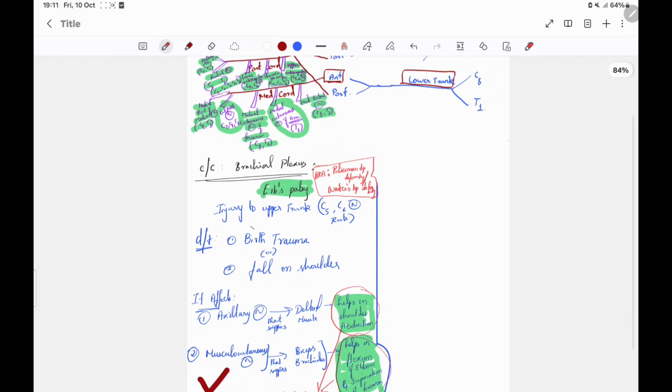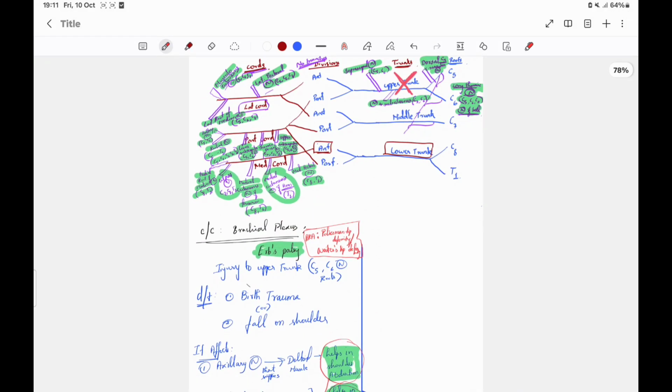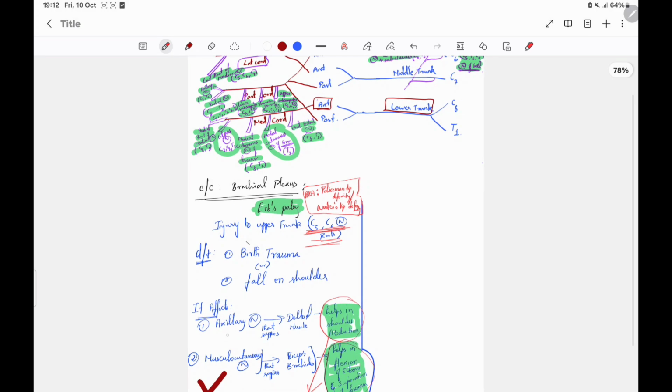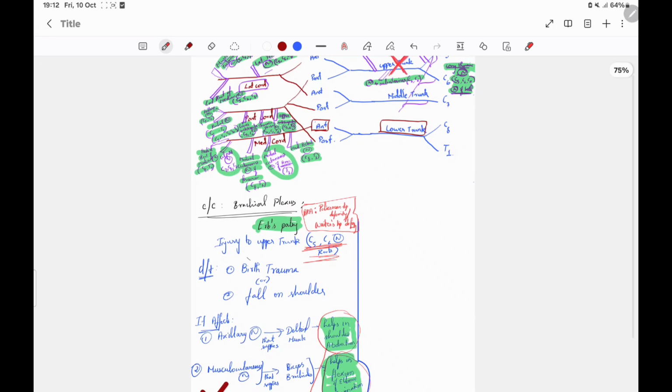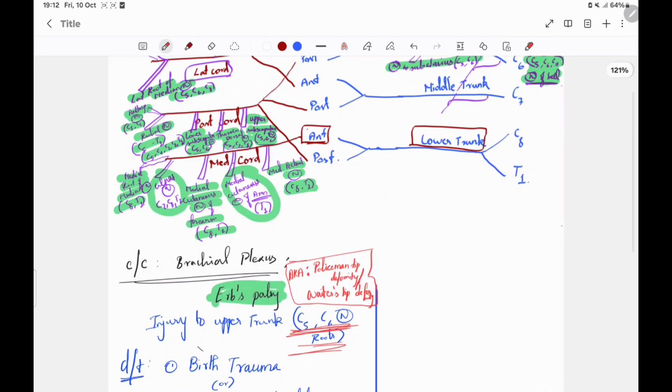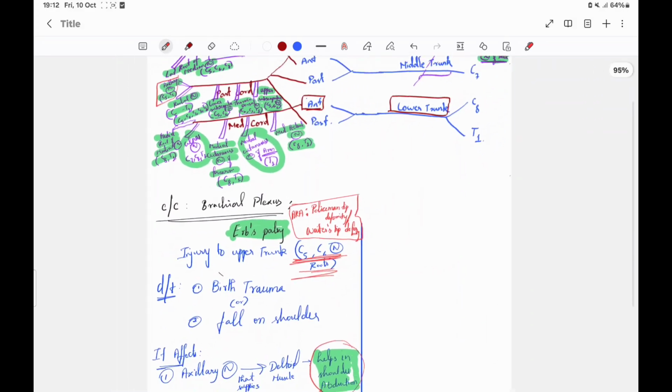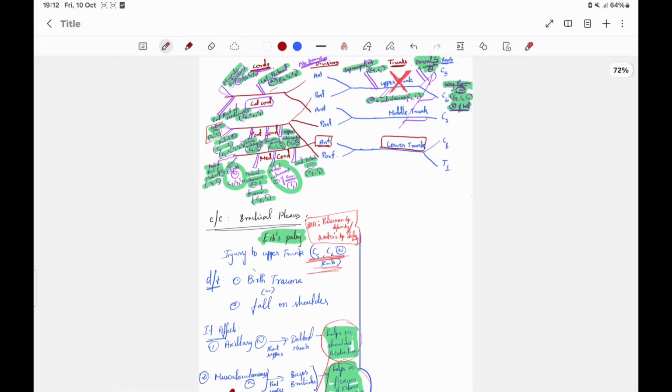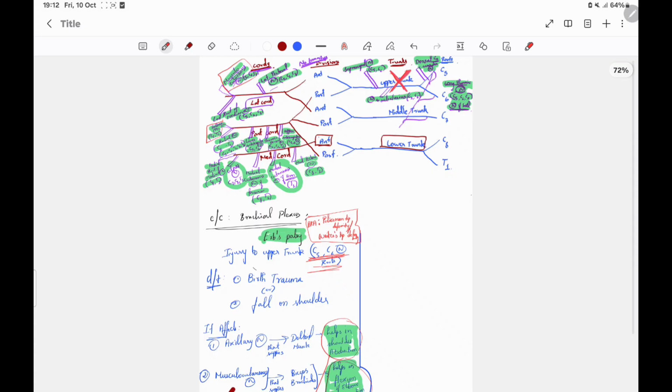So this is about Erb's palsy, which is injury to the upper trunk, and the nerve roots are C5, C6. So the nerves which have C5, C6 are affected. You can see here the axillary nerve has C5, C6, and the musculocutaneous nerve has C5, C6 nerve roots.